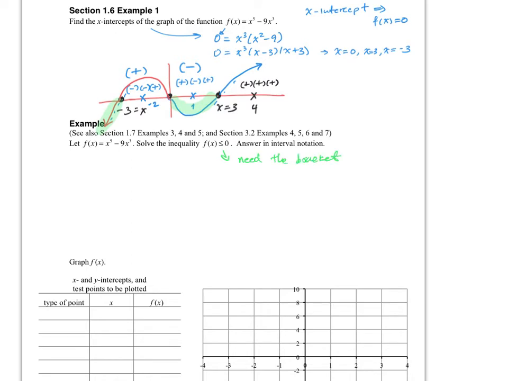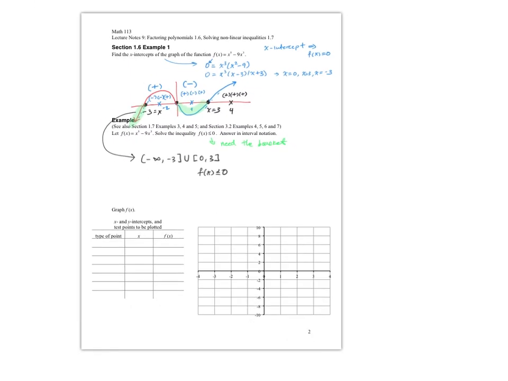So the interval notation is -infinity to -3 bracket, or from 0 to 3 bracket. That's where the function is negative or equal to 0.